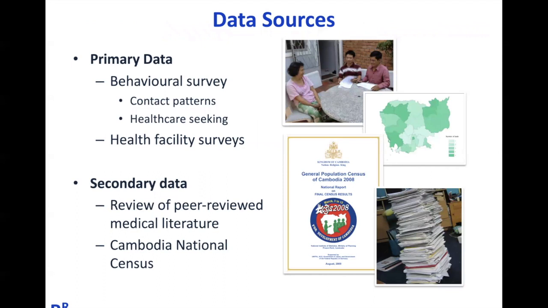Okay, how do we get the data? Data sources are really important. And not for all things we will always have good data. Data sources, we can have primary data or secondary data. Behavioral surveys might be very helpful. Health facility surveys can give us information about contact pattern, healthcare settings.